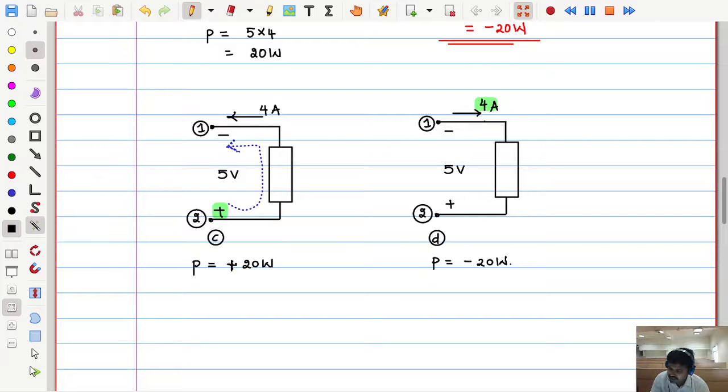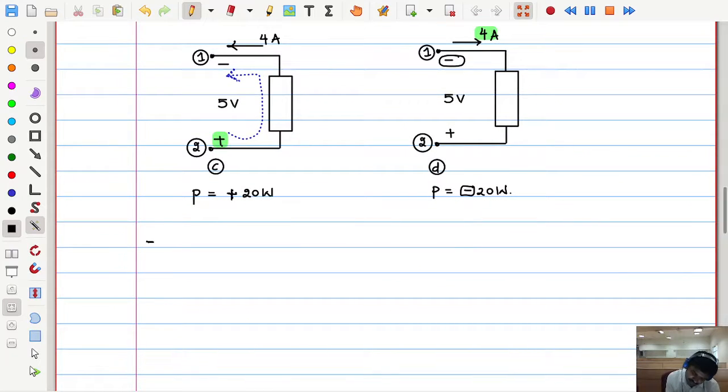What about this one? 4 amperes is entering at which terminal? Negative terminal. So the power is straight away negative. We can understand up to this level; we need not make it much more complex. Where current is entering, always look for that. Let me write this point. To find the power nature, we know that the product of voltage and current is power.